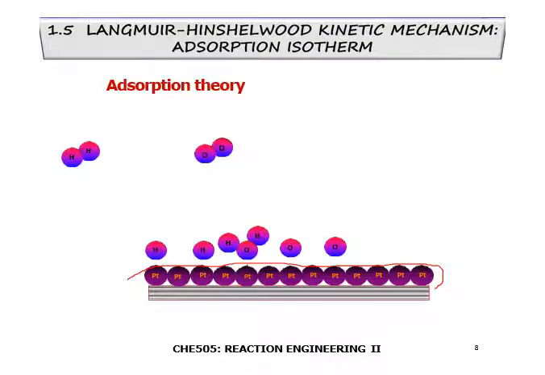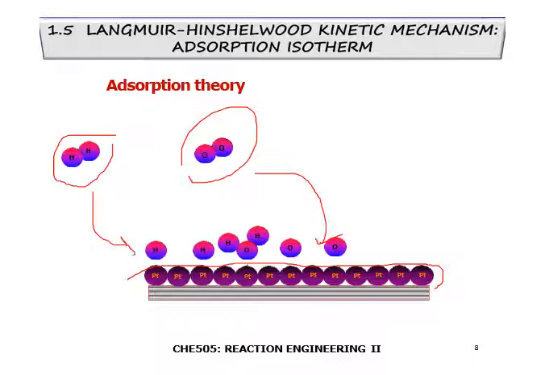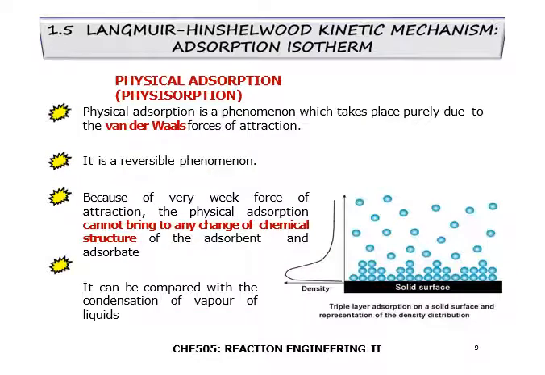And katalah kita ada molecule of hydrogen and molecule of oxygen, and this molecule, when it comes to the active sites of the adsorbent, in this case is catalyst, so H and O start to adsorb and akan berlakulah reaction. Contohnya. So previously I told you that there are two classifications of adsorption, which is physical or physisorption and also chemisorption.